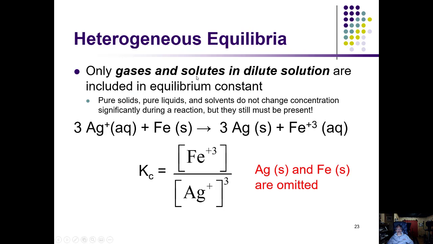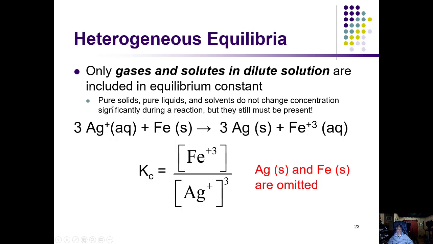So only gases and solutes in dilute solution are included in the equilibrium constant. Those can change concentration. Gases can change in pressure, and anything that's in an aqueous solution, ions dissolved in aqueous solution, can change in concentration.